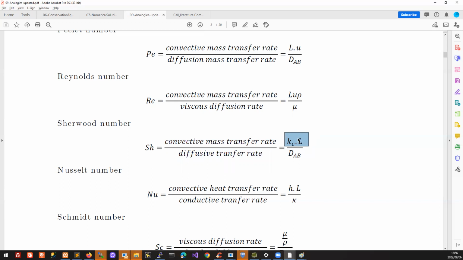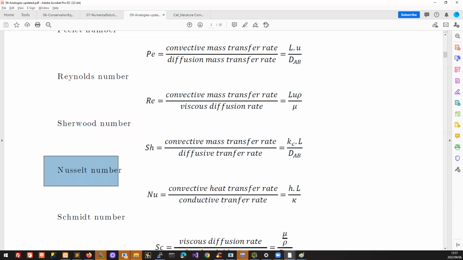We presented this as an approximation to diffusion. But if you take the diameter, for example, of a pipeline, and then that ratio tells you something about the extent of the mass transfer that we can accomplish there. So that's a Sherwood number.